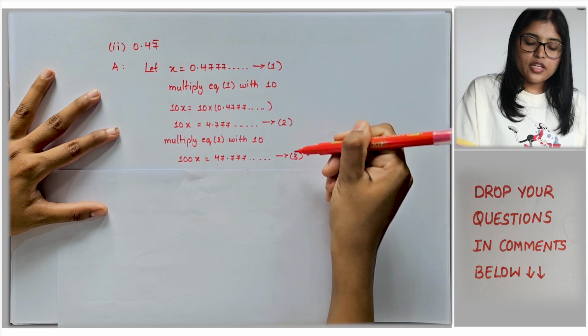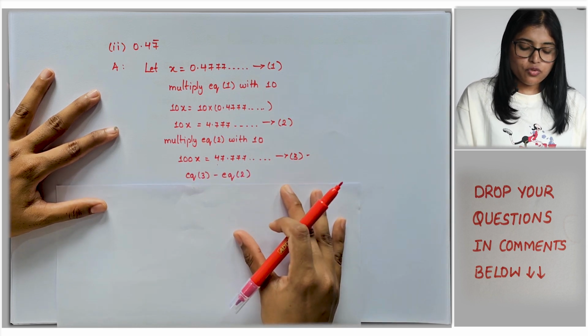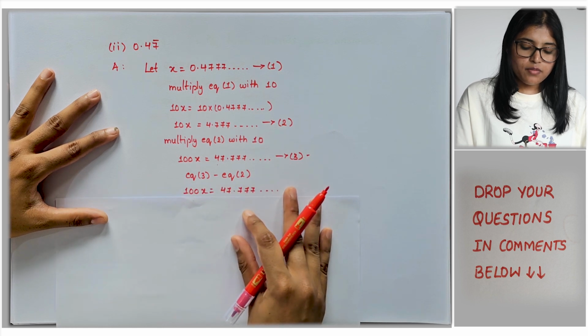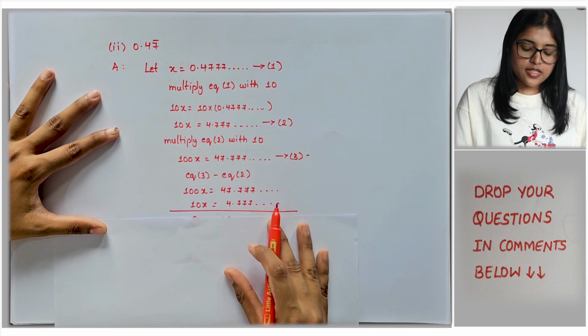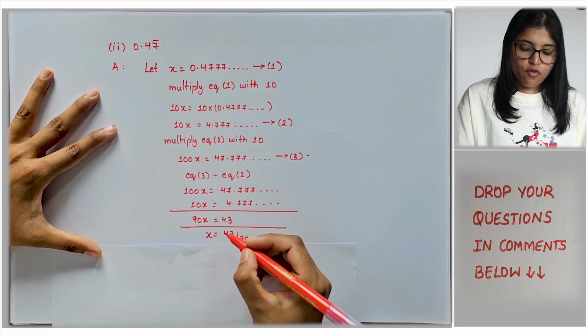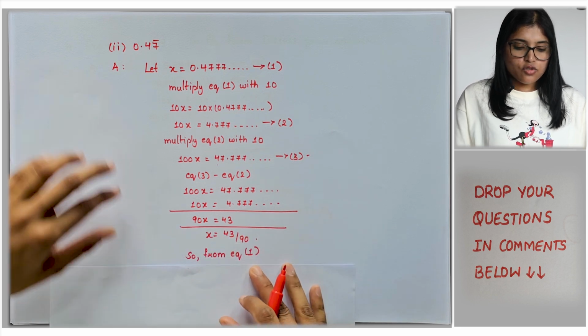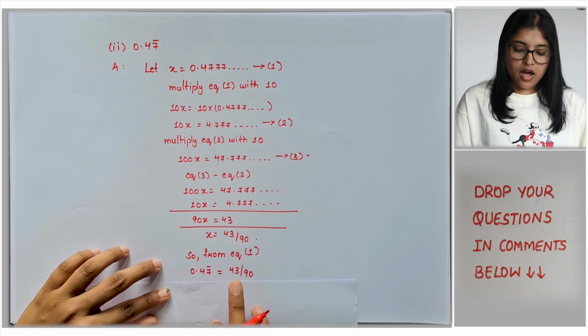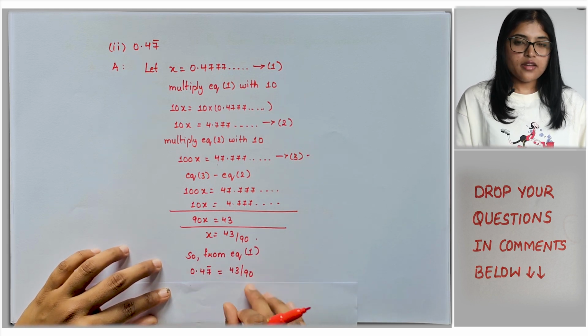Now we have to do equation 3 minus equation 2 in order to eliminate the recurring decimal, which will give me 100x minus 10x is 90x equals 43. So x will be 43 by 90. So from equation 1, I can say that 0.47 bar equals 43 by 90.